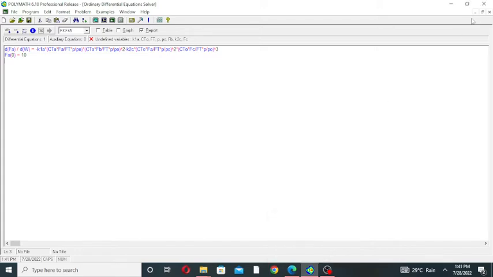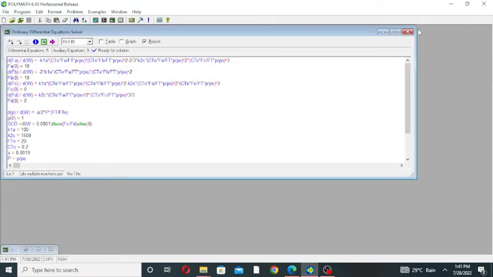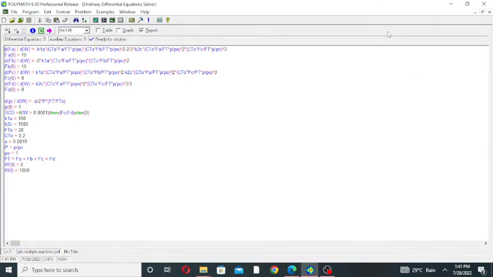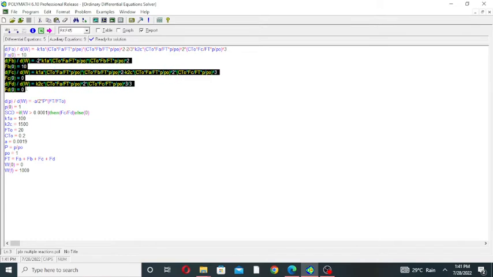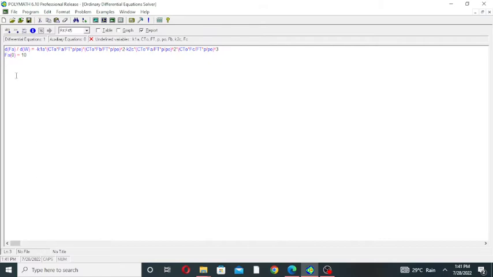I have already done it, so I am putting it from this other window. dFB divided by dW, and this is FC, FD. So I am copying it and pasting it.